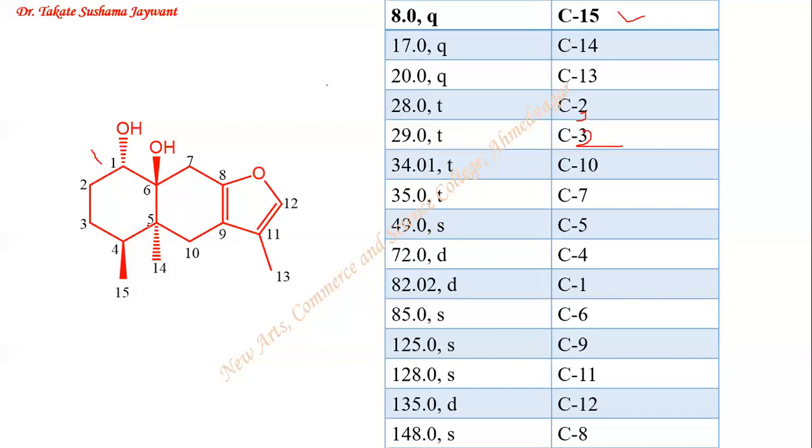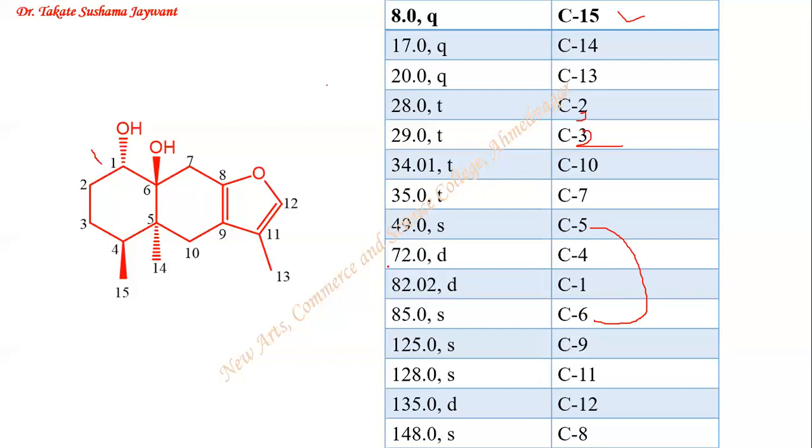So this aliphatic sp3 signal is corresponding to C5, while the other singlet at 85.0 is corresponding to C6. As it is attached to OH group, it is more de-shielded. So these two signals are corresponding to the two quaternary carbon atoms C5 and C6.